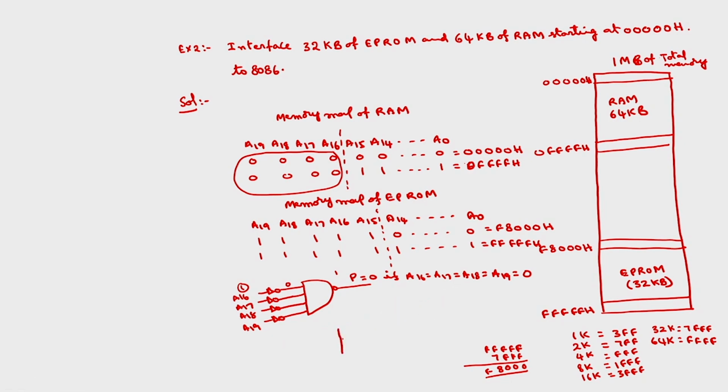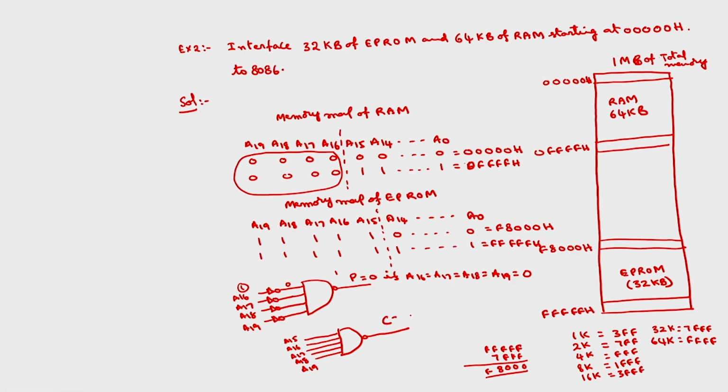So I will take a NAND gate, but I will not take the inverters now. I will call this output C. The inputs are A15, A16, A17, A18, A19.